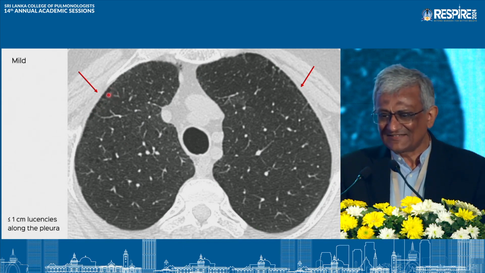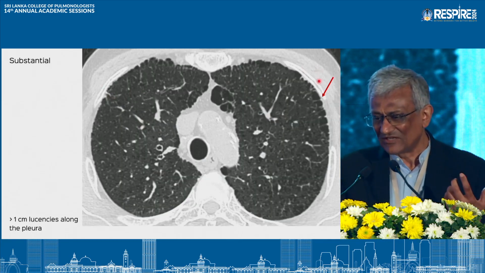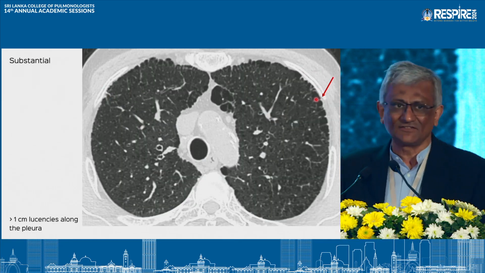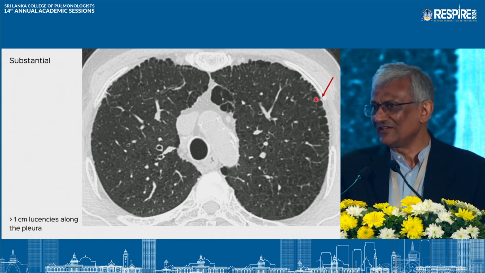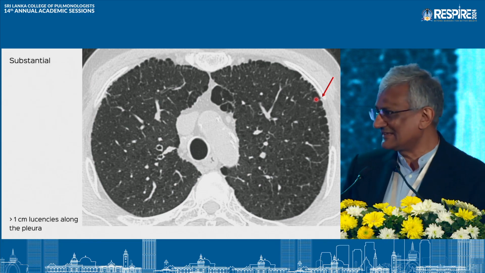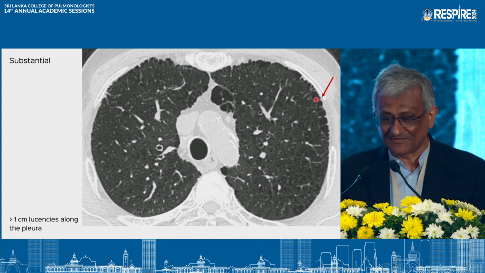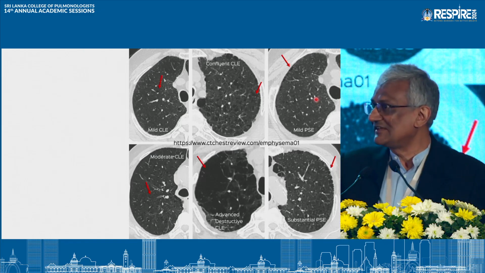If the thickness is less than 1 centimeter, we say mild. If it's greater than 1 centimeter, you say substantial or significant. Very often it's not necessary to qualify the extent as long as we can say that there's centrilobular and paraseptal emphysema. Often that's just good enough.